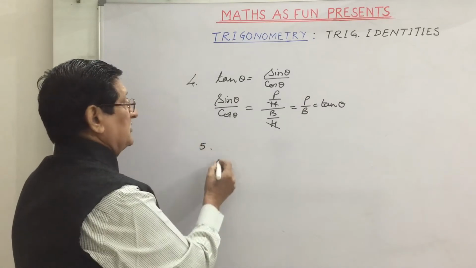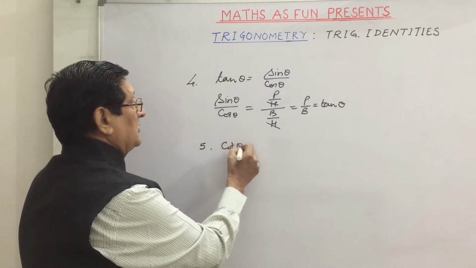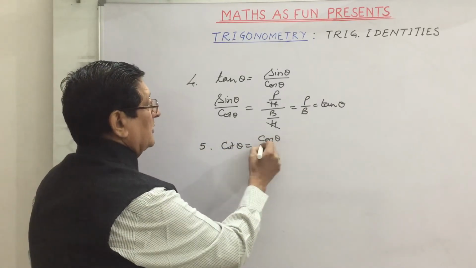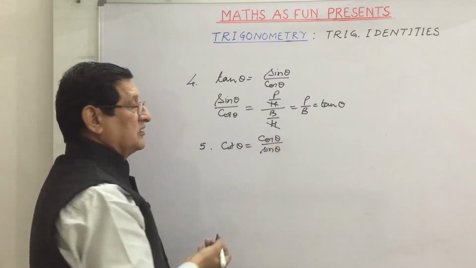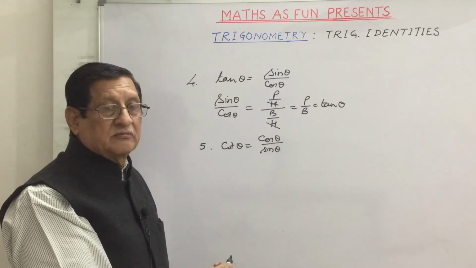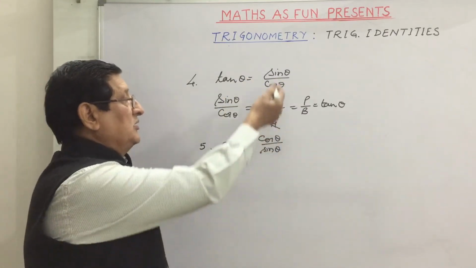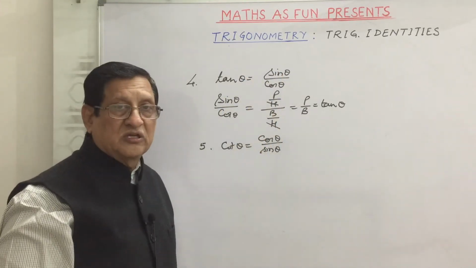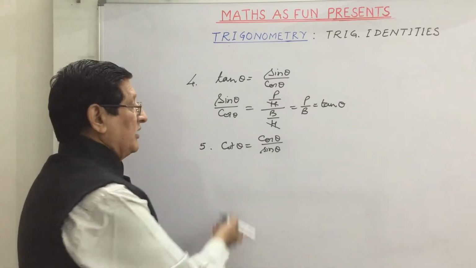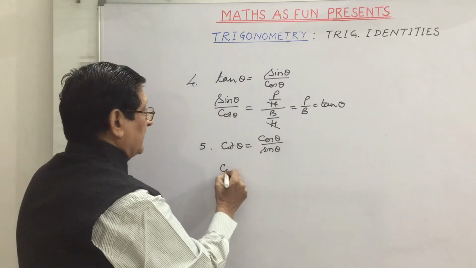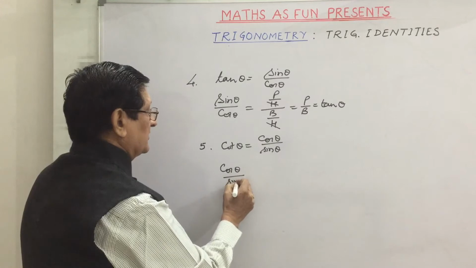And the next one is cot theta is equal to cos theta upon sine theta. We can say this in two different ways. One is that we know that cot theta is reciprocal of tan theta, so certainly it will be cos theta upon sine theta. And second one, if we want to prove it the same way, then we divide cos theta by sine theta.